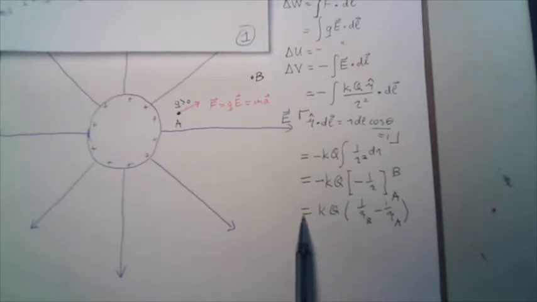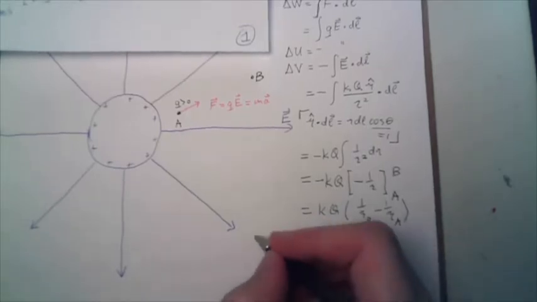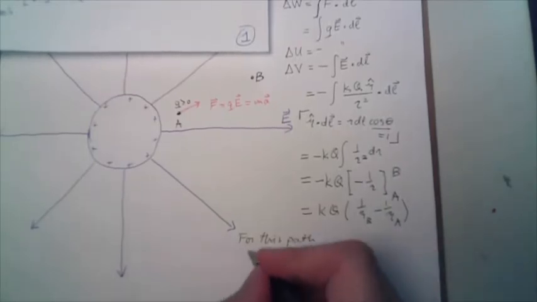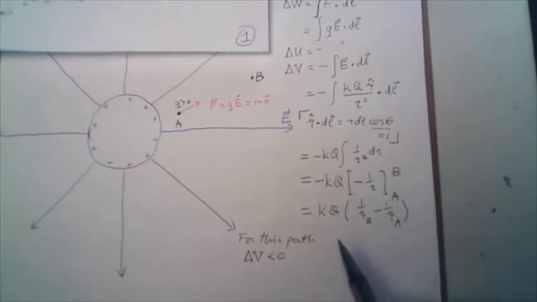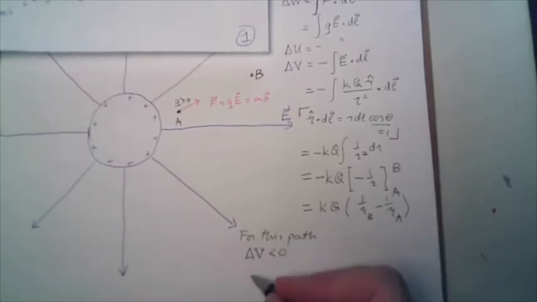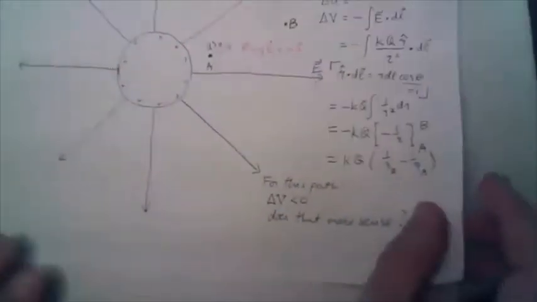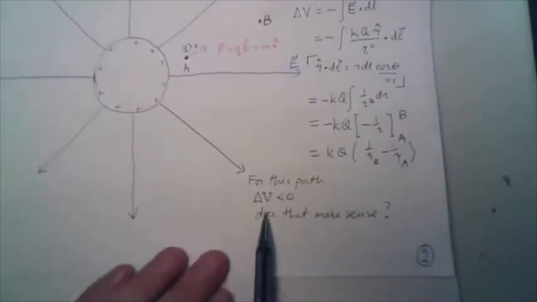Okay, so for this path, delta V is less than 0. Does that make sense? Well, yes, it does. Because remember what delta V does.